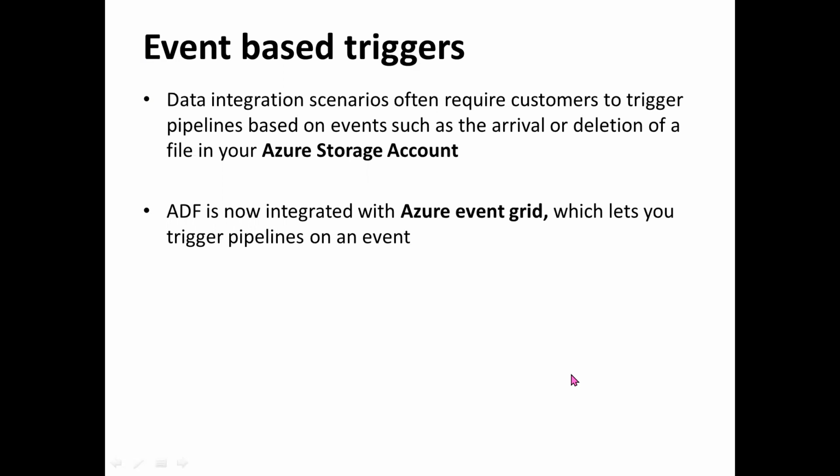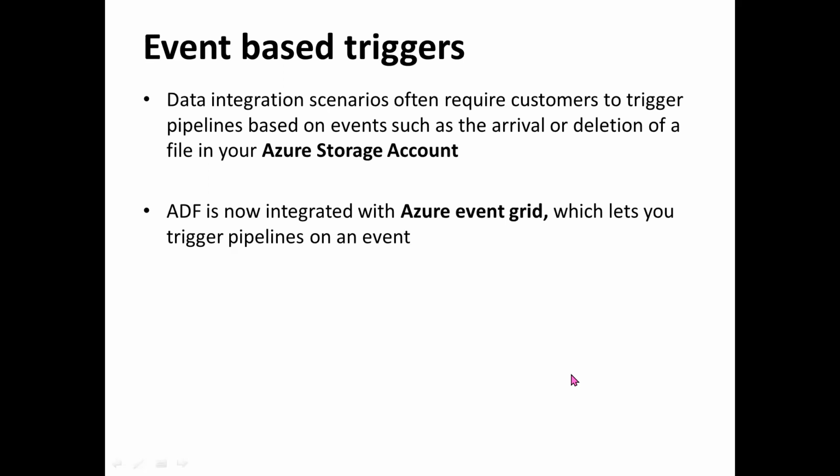But in those scenarios, we need to get the data to our ADF and process it. We cannot leave that data alone. So in those scenarios we need to use event based triggers. Event based triggers are basically an integration scenario where there is a requirement to trigger the pipeline based on certain events.